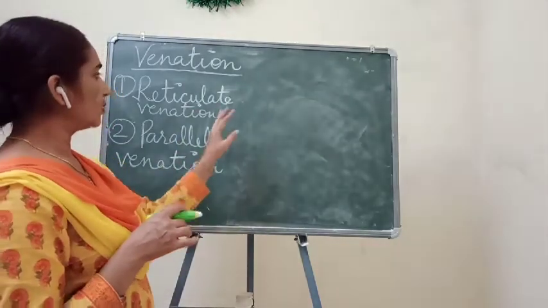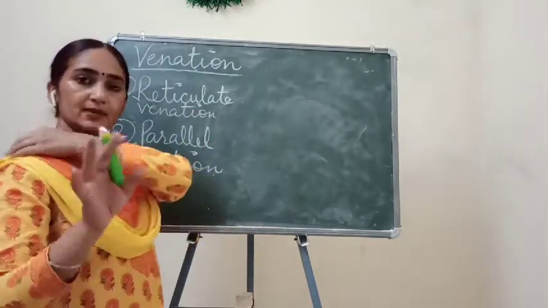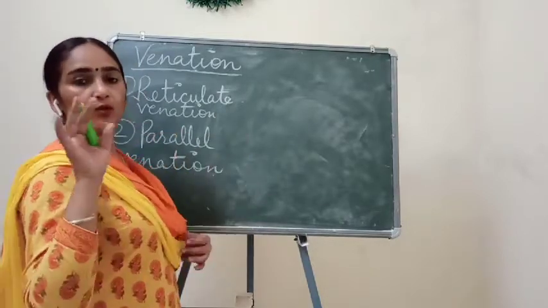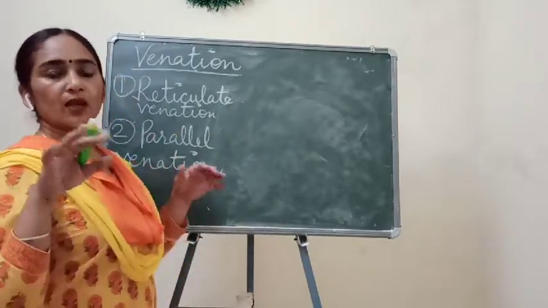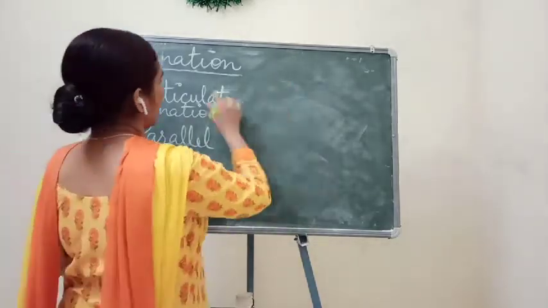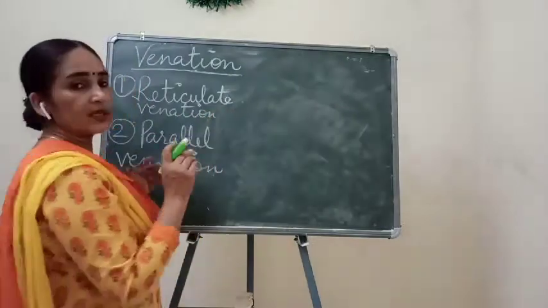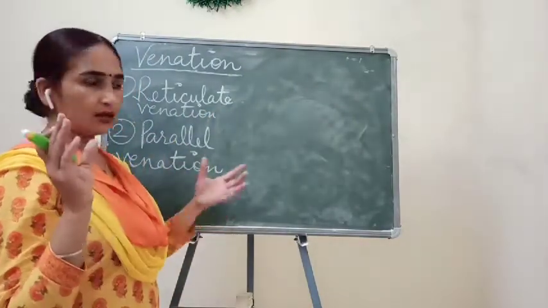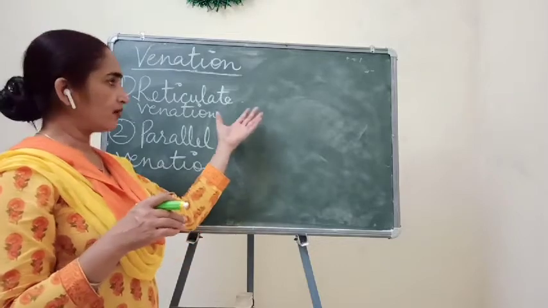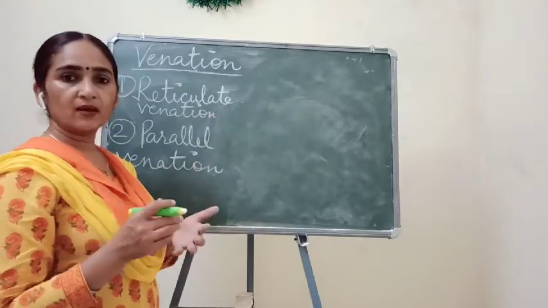That I'll show you. But first understand through the diagrams, so that you can find out yourself when you compare different leaves. Reticulate venation we can see in guava leaves, mango leaves, or the rose plant or whatever.